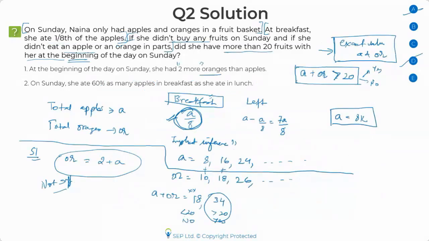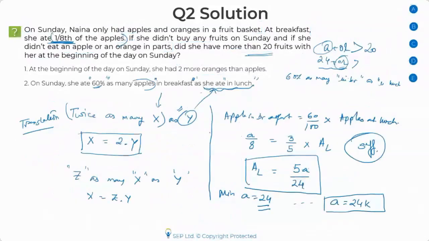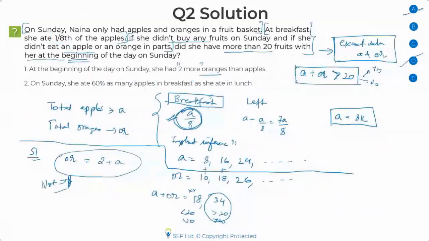If you had just read this and said, okay, 1/8 of the apples she had eaten, and had not written all this down or taken any variable in the beginning, there's a good chance you would not have been able to set up this equation. So it is very important to do pre-analysis, not only for this webinar but in general for any question. Please make sure to do so.